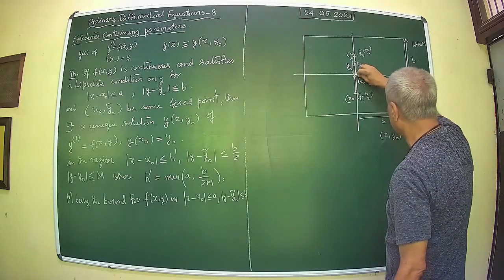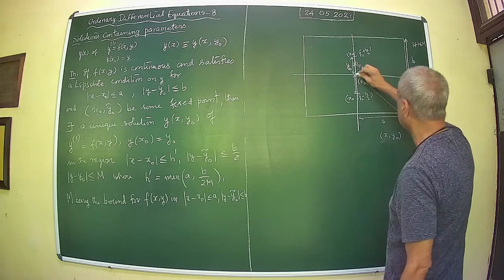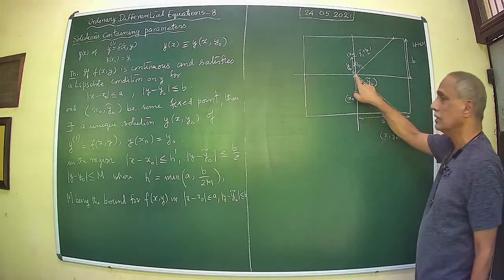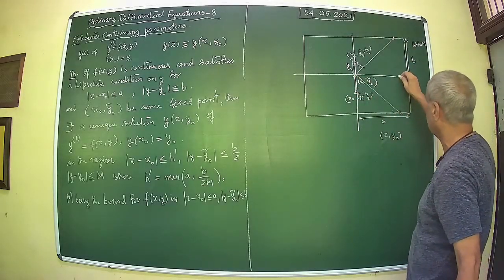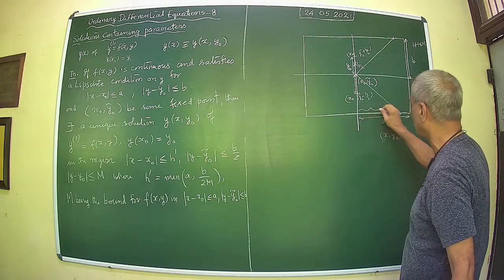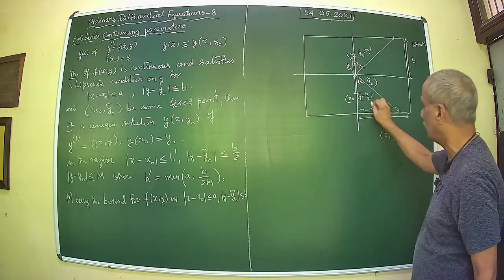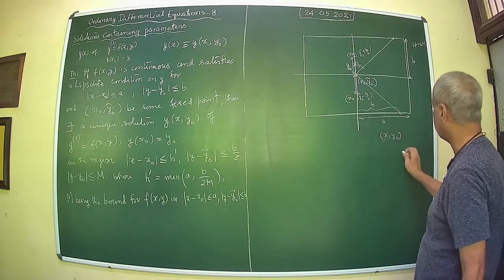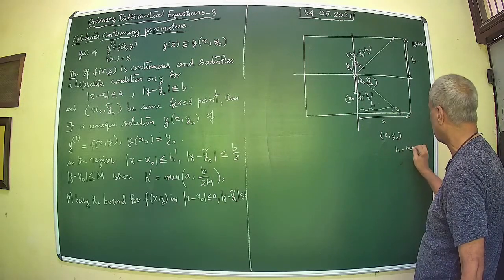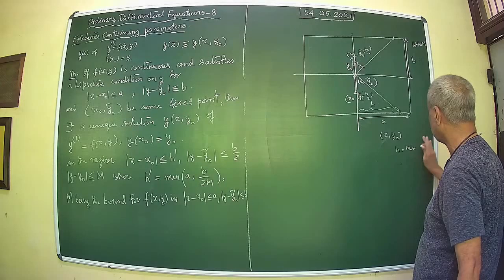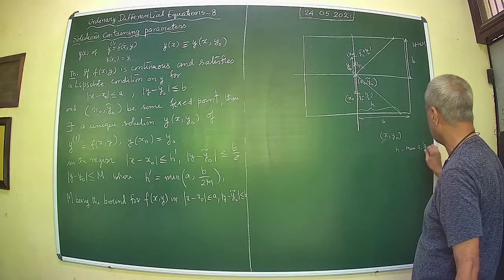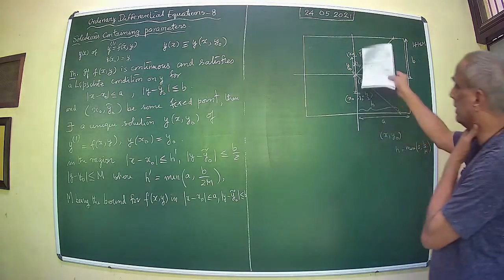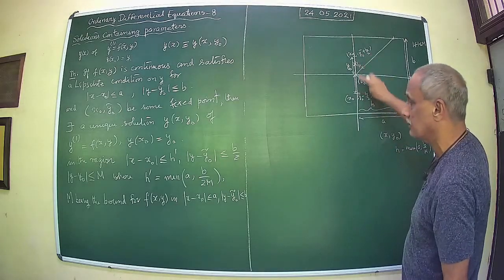See, let us assume this scenario. If you look at the solution starting from this point, then we can assert for sure that the solution lies on x naught minus h to x naught plus h, where h is the minimum of a and so on. So now suppose you are shifting your initial data within this range somewhere.